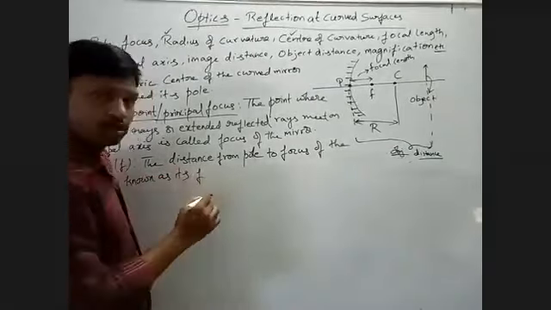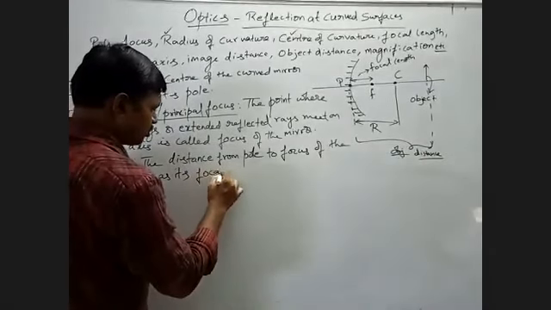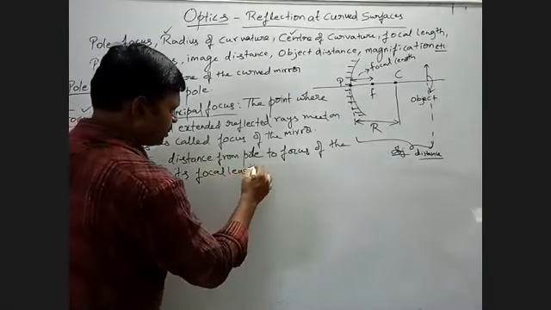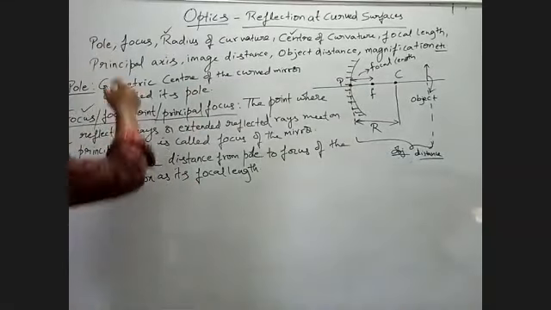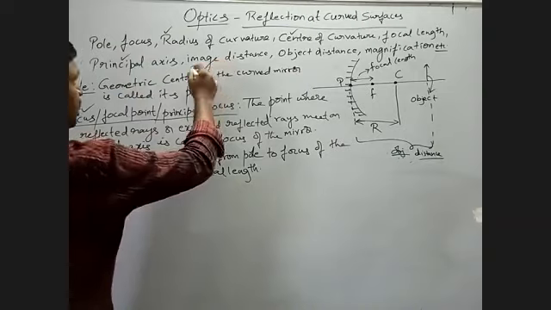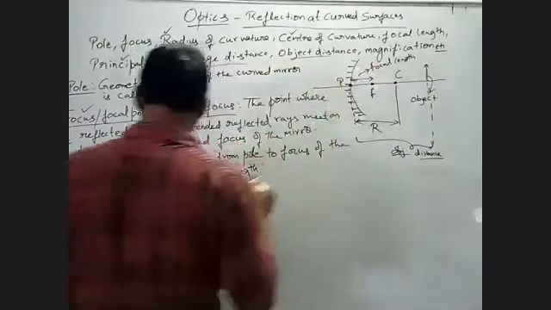Then principal axis we have written yesterday also. And then image distance and object distance we will write now.